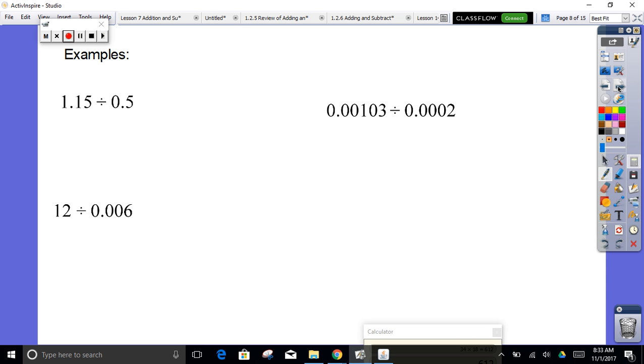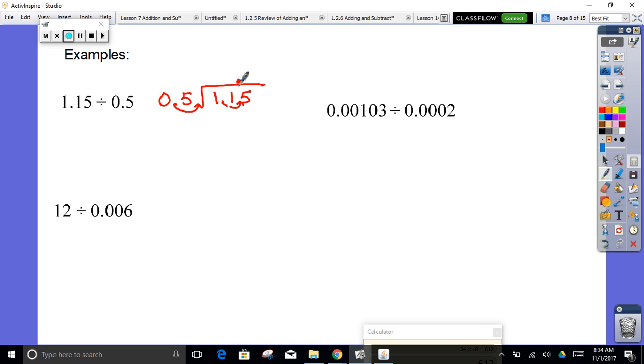1.15 divided by 0.5 would look like this. So first, I'm going to move the decimal place in my divisor over 1. Since I moved it over 1 in the divisor, I also have to do it in the dividend. So move it over 1.